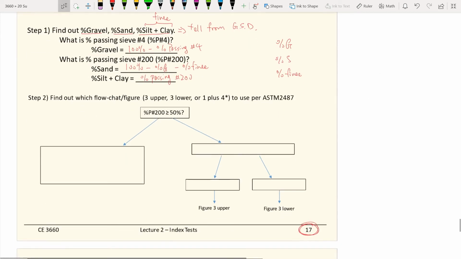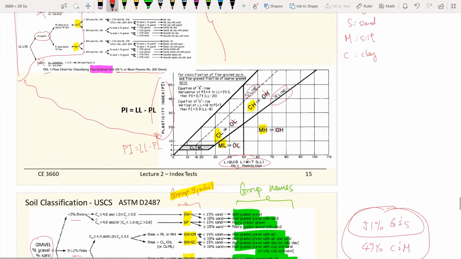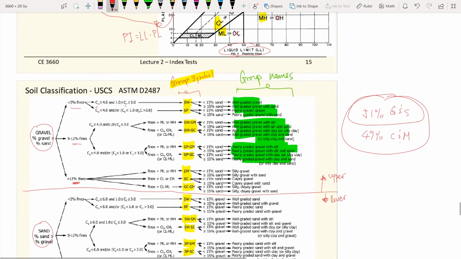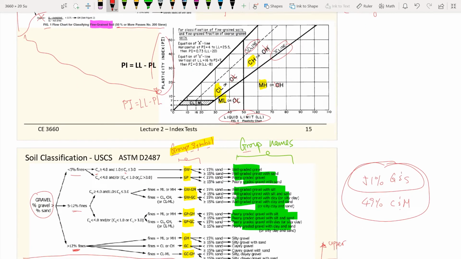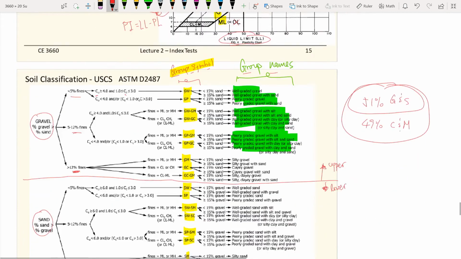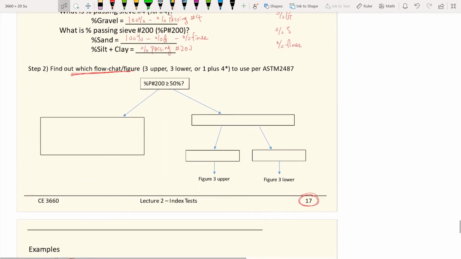Step number 2: after you know those percentages, you need to find out which flow charts to use. We walked through figure 1 to figure 4, but you need to identify the ones you need to come up with the group symbols and the group names. You determine this by first looking at the percent passing 200.